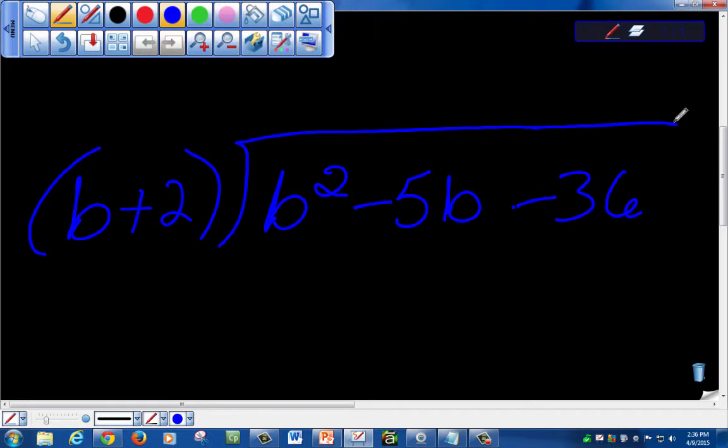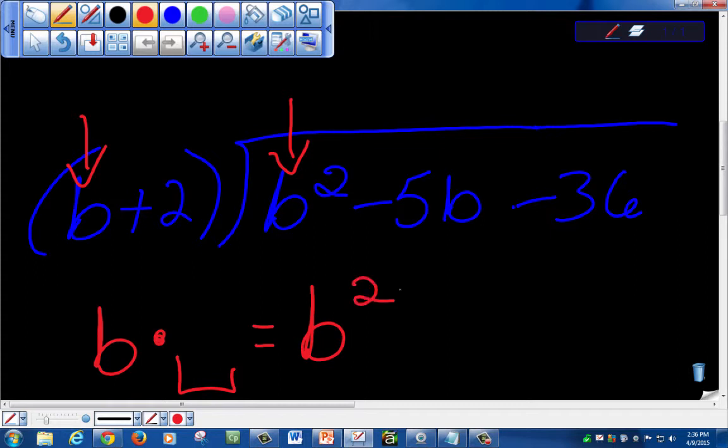Now, what we're going to try to do is make this guy right here to be the same as this guy right here. What do we need to do? The example that I'm going to provide is having b multiplied by a missing number to be equal to b squared.